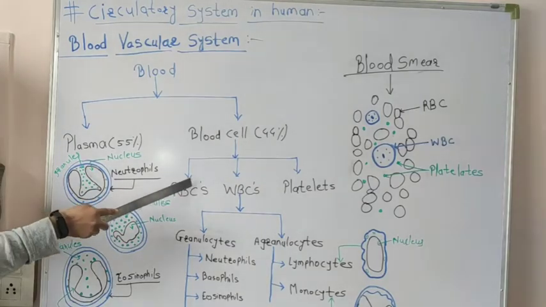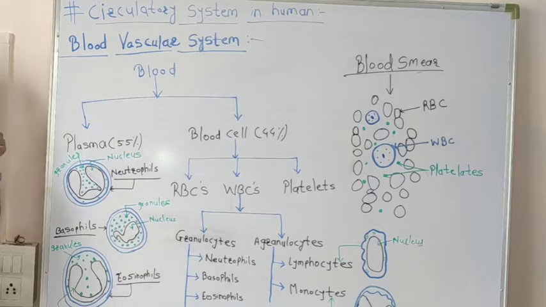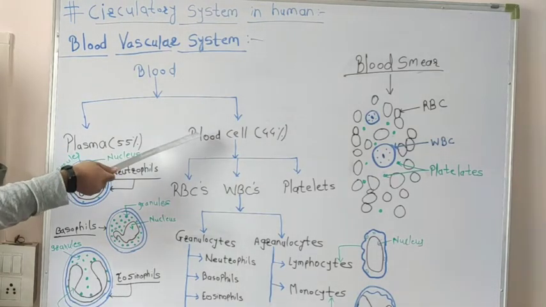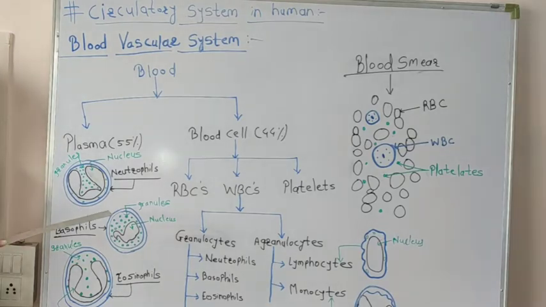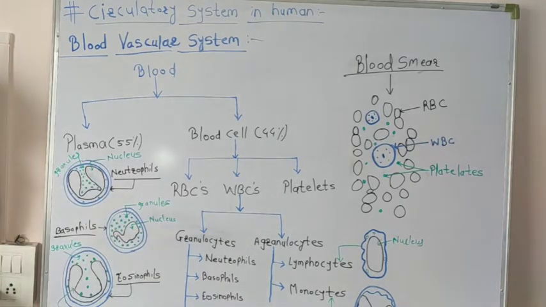Because all these blood cells, that is RBC, WBC and platelets, together are called formed elements. RBC means red blood cells or red blood corpuscles. WBC is white blood cells or white blood corpuscles. And next is platelets.